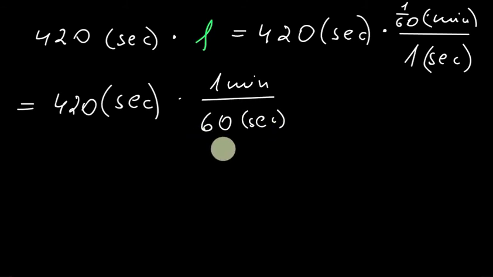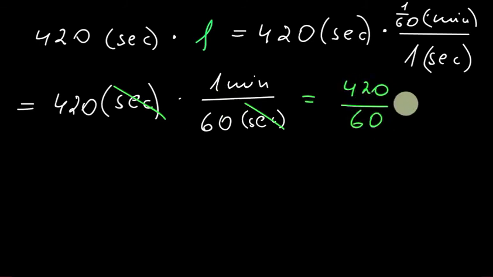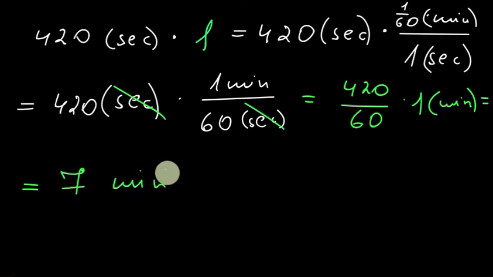You could write it as you like, it doesn't matter. Now these will simplify, and we get 420 divided by 60 times 1 minute, and this is equal to 7 minutes.